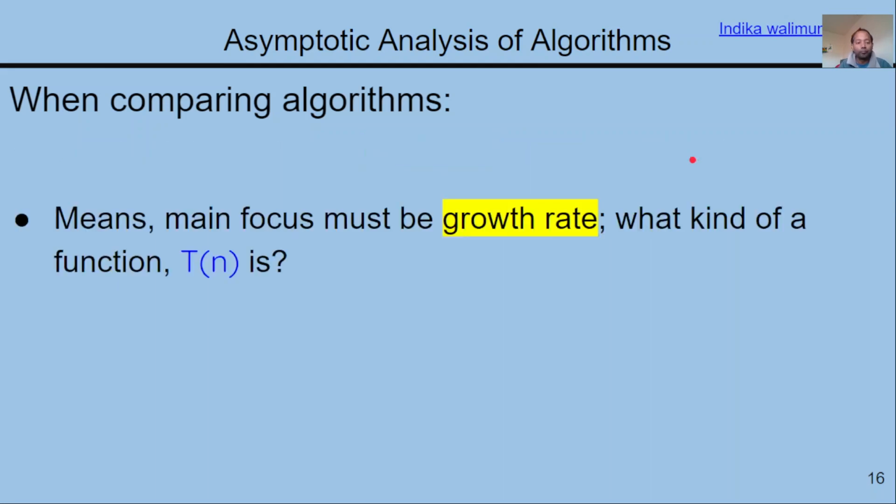So the main focus must be the growth rate, which means what kind of a function the time cost function Tn is. The kind of function Tn governs the growth rate, not the specific constant inside of it.